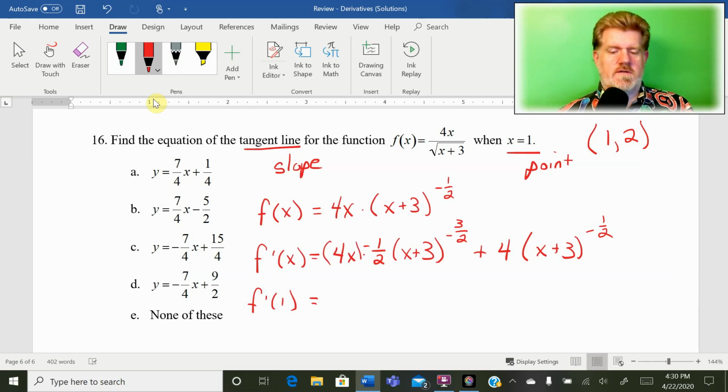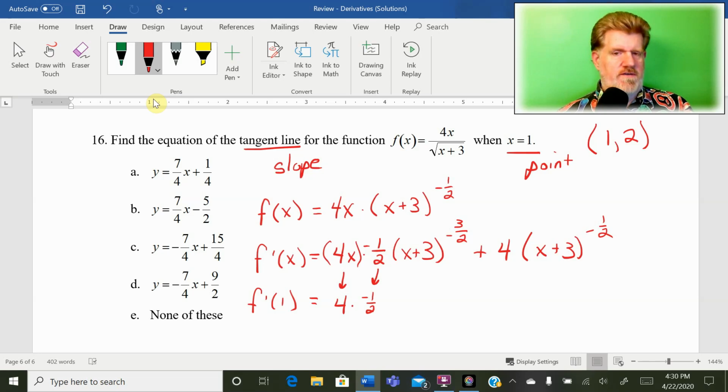We'll take this part, plug in 1, I get 4. Just going to bring this negative 1/2 down. Now I'm going to plug in 1 to this. Remember, these are not that hard. Plug in 1. 1 plus 3 is 4. So 4 to the negative 3/2.